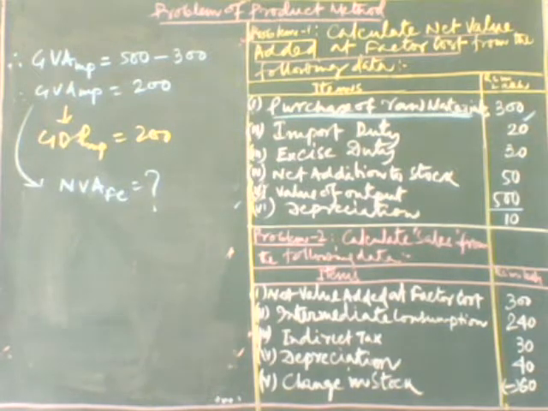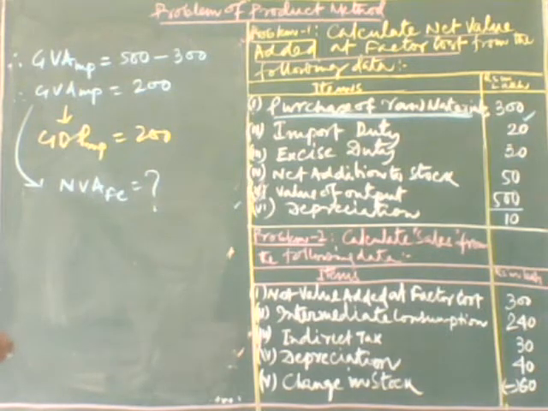Whenever we have to calculate the NVA at factor cost from GVA at market price, at that time we have to follow the aggregates of national income chart.